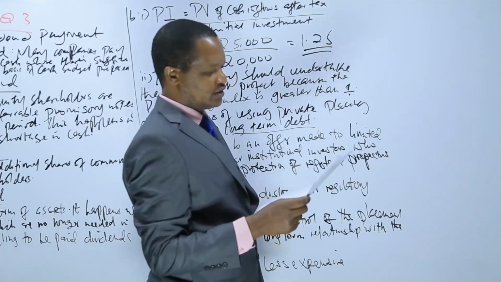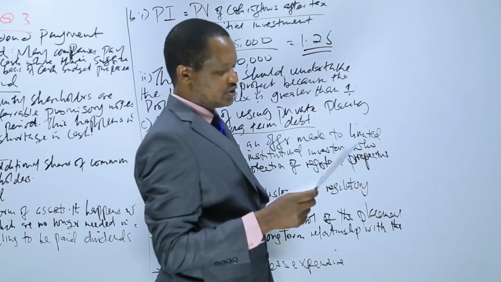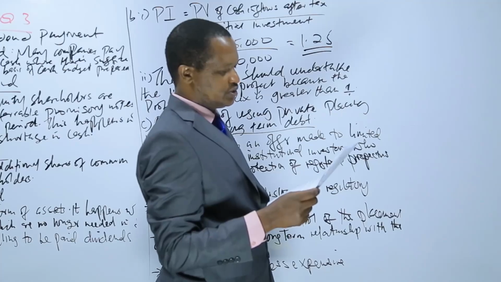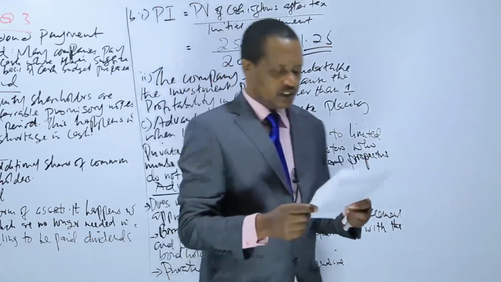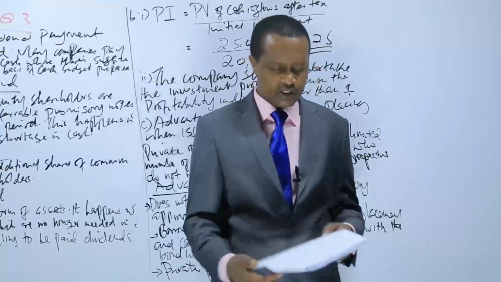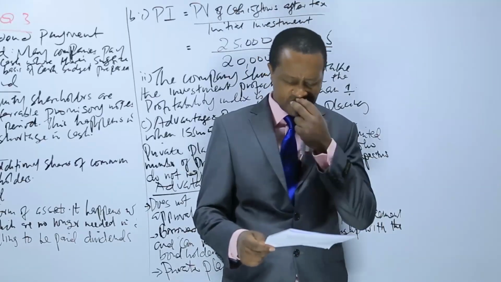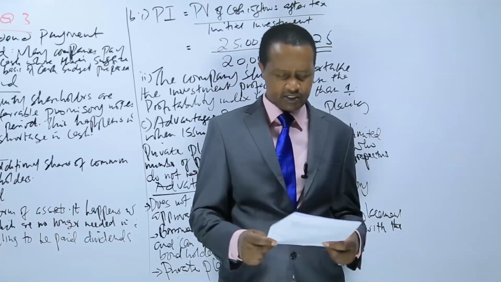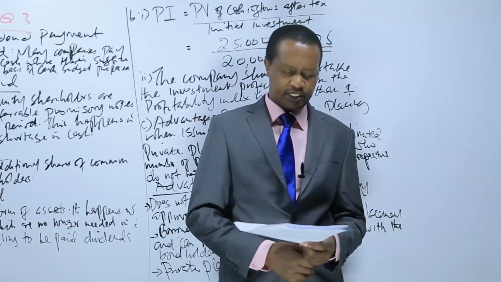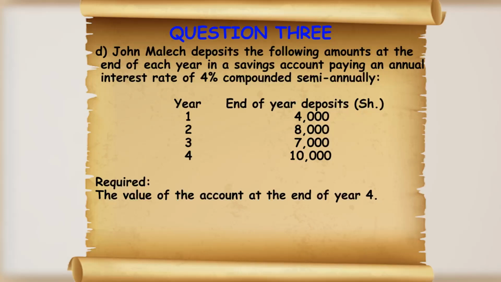So we have year 1, 4,000, year 2, 8,000, year 3, deposited 7,000, year 4, 10,000. You are required to calculate the value of the account at the end of year 4. How many marks? 3 marks.